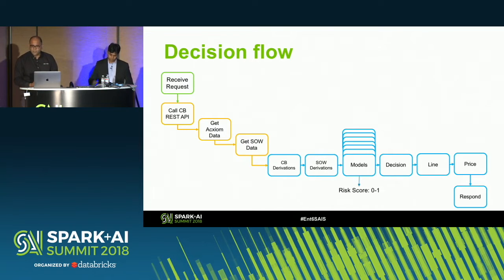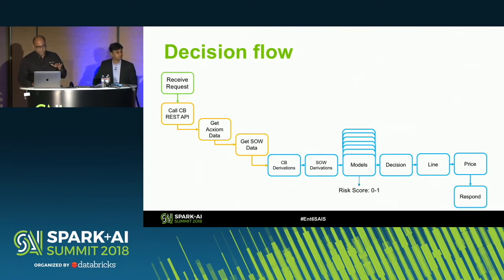There's a lot of enrichment and data derivation that happens on these data points that become inputs to the model itself. And the models, as you can see, is a whole array of models based on the customer segment in terms of geography as well as the demographic segment. There's actually a number of models. It could go from 10 to as many as 100 that gets chosen for this particular application that comes in.